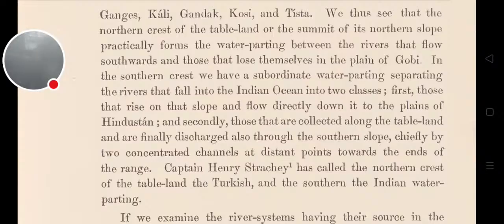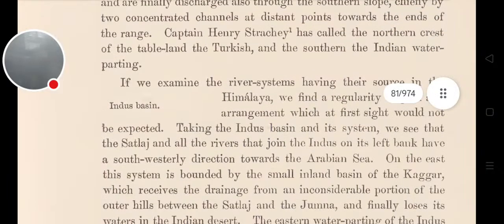First, those that rise on that slope and flow directly down it to the plains of Hindustan, and secondly, those that are collected along the tableland and are finally discharged also through the southern slope, chiefly by two concentrated channels at distant points towards the ends of the range. Captain Henry Strachey has called the northern crest of the tableland the Turkish and the southern the Indian water parting.